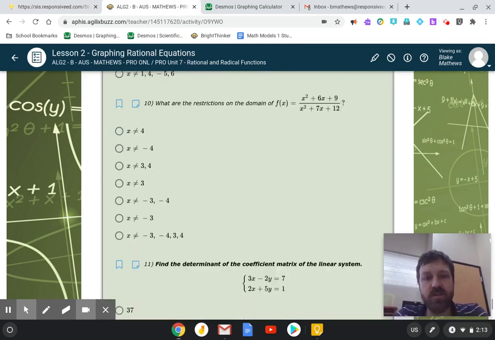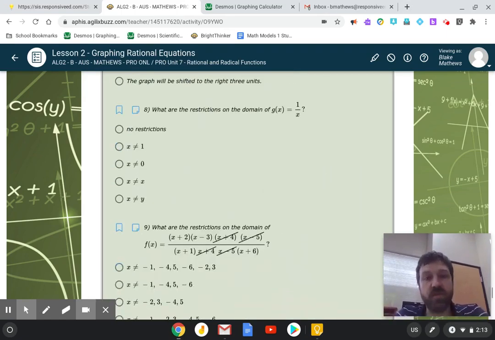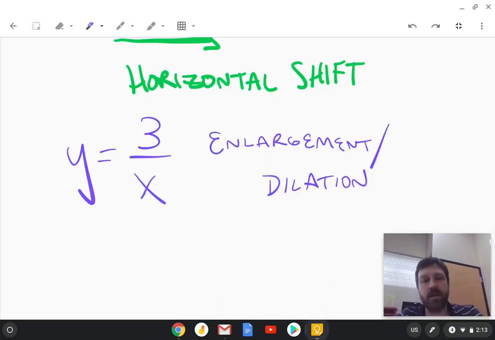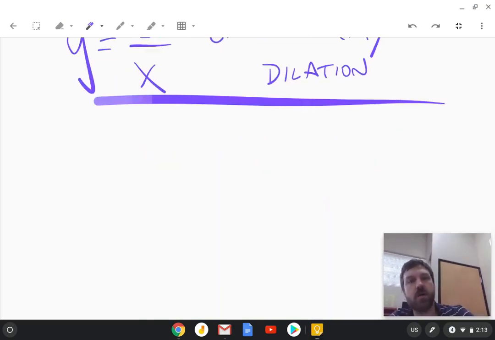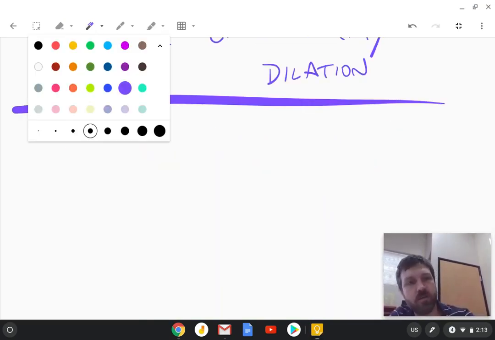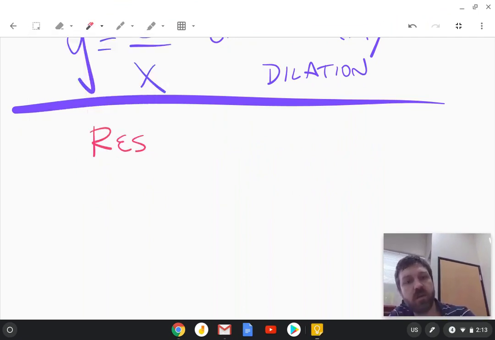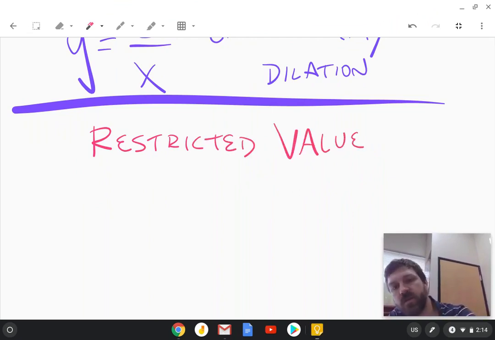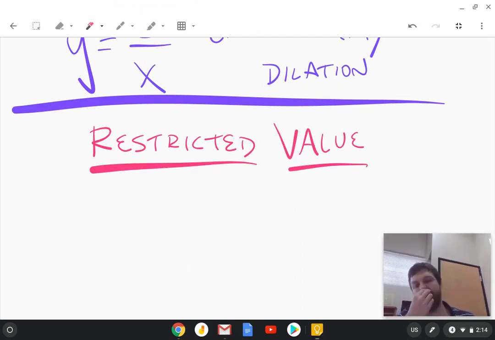Then it introduces this conversation about restrictions. Restrictions on a domain. So when we say restrictions, you also hear them called restricted values. A restricted value in terms of rational equations is basically saying this.